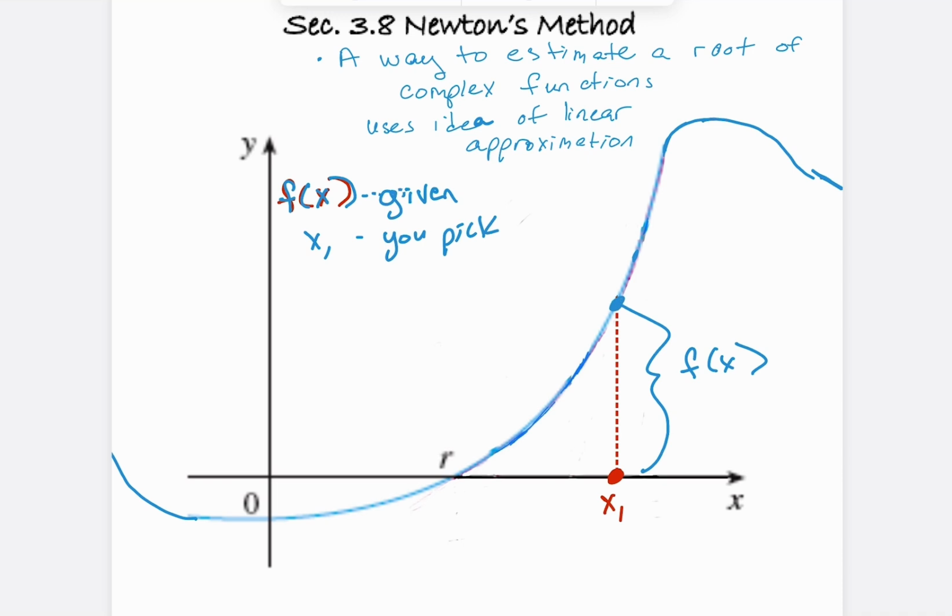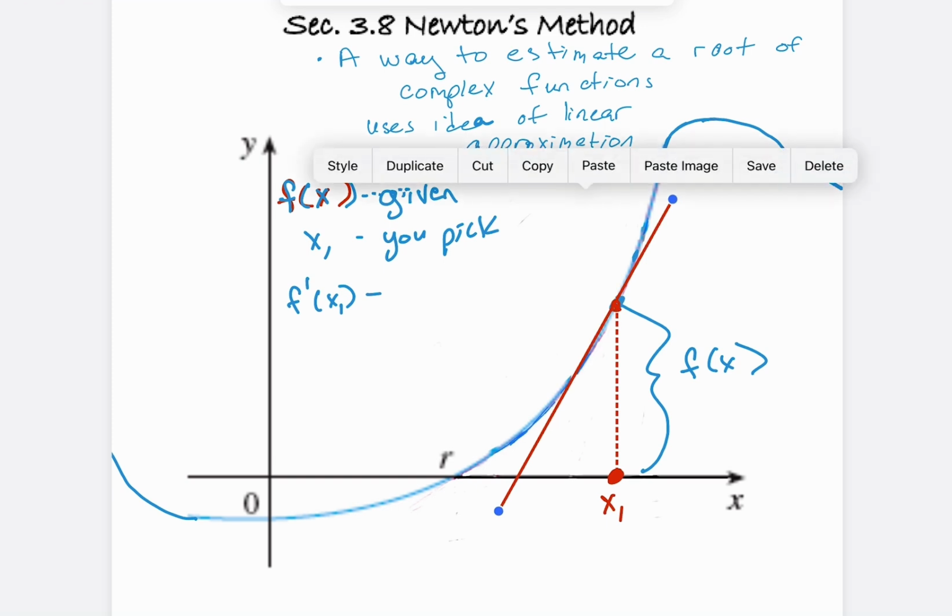I also know how to find the derivative. So I can find this because I have f of x, and I can find the derivative and evaluate it at x1 to find the tangent line. So the tangent line here will have the slope of the derivative. There's my tangent line-ish.